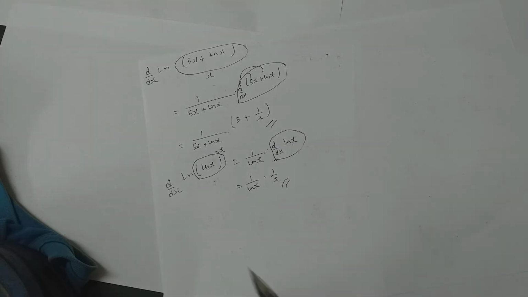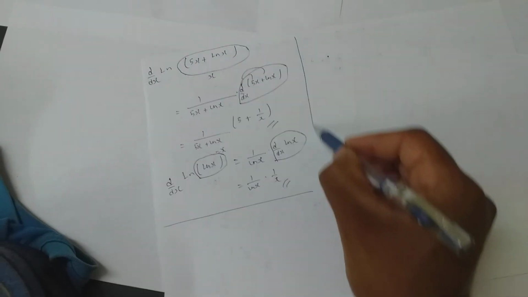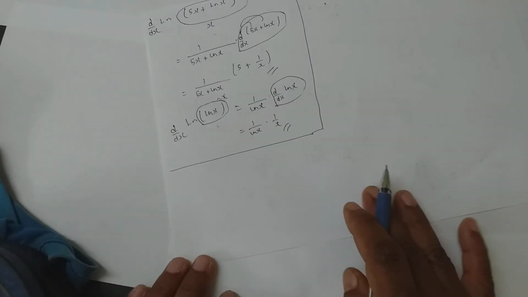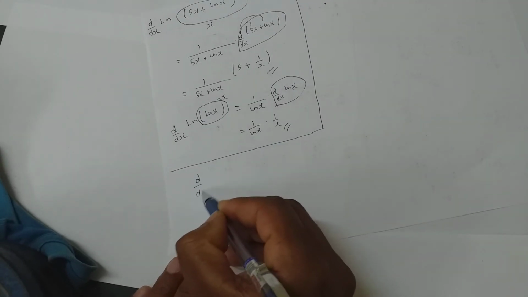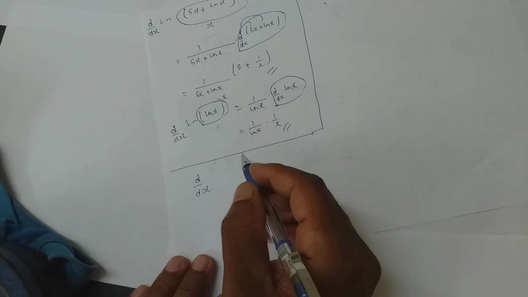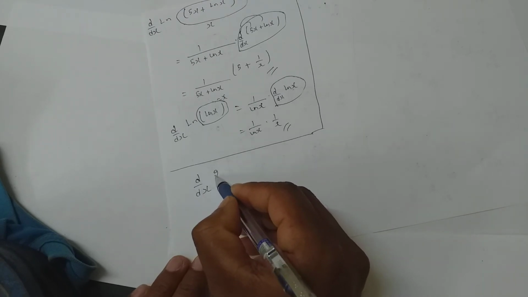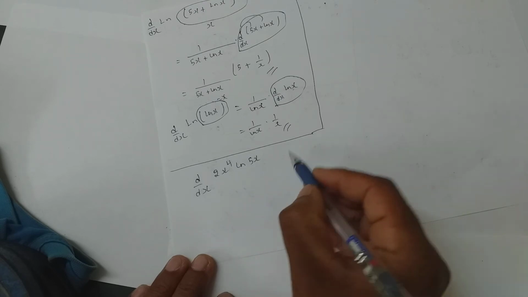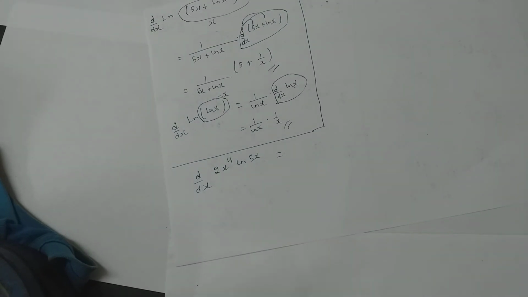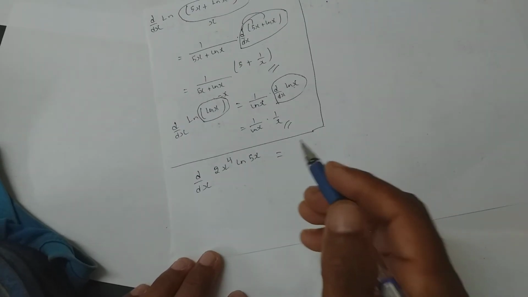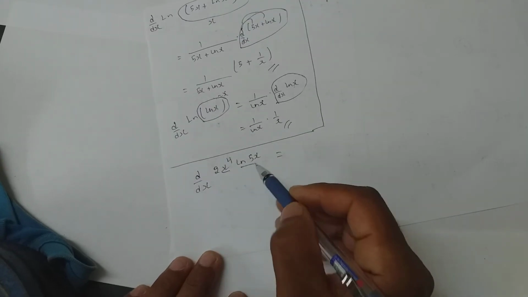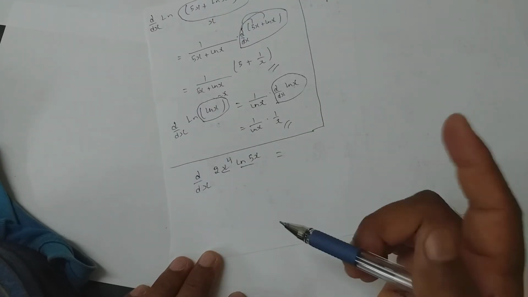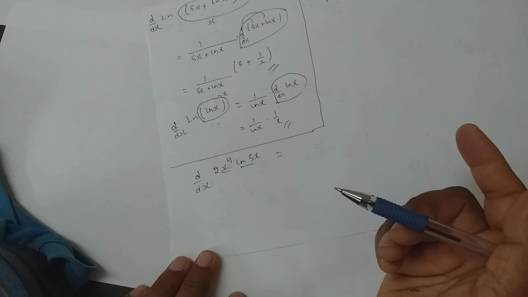Now let us look at other sums. Now if I want d by dx of 2x power 4 ln 5x, how do I get it? The catch here is this is a product. So you need to use product rule or UV rule. What does it state?